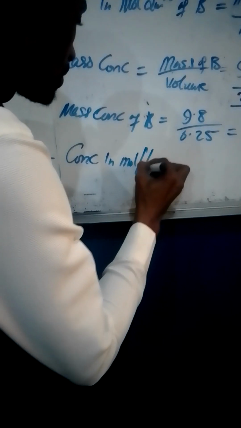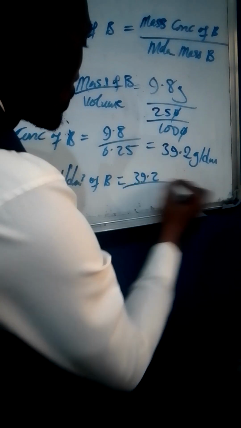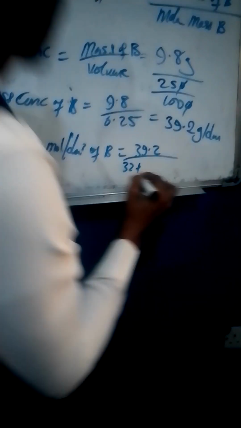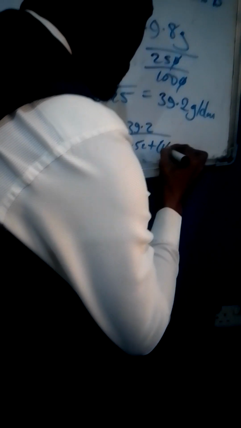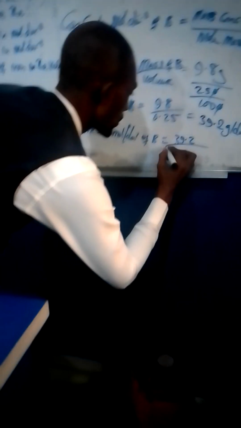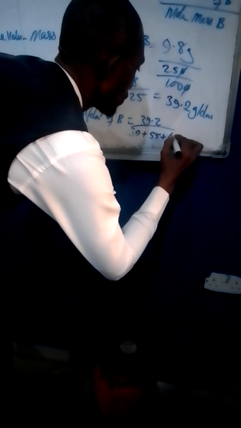So concentration in mole per dm cube of B is equal to mass concentration over molar mass, 39.2 over the molar mass of B. The molar mass of potassium permanganate is going to be the relative atomic mass of potassium, which is 39, plus that of manganese, which is 55, plus that of oxygen, which is 16 times 4, because there are 4 atoms of oxygen in potassium permanganate.